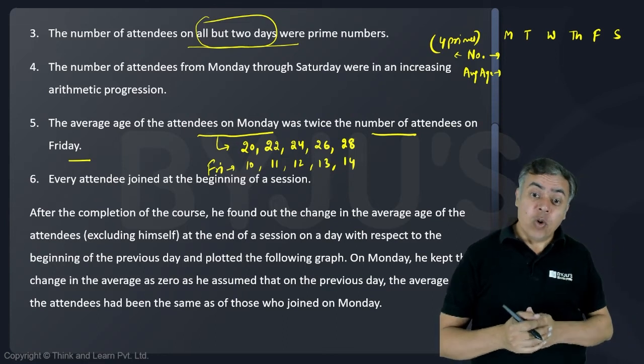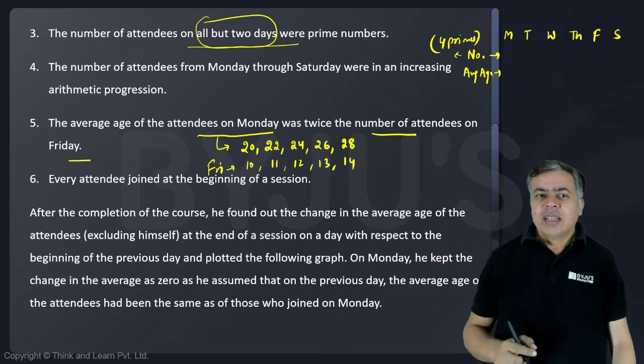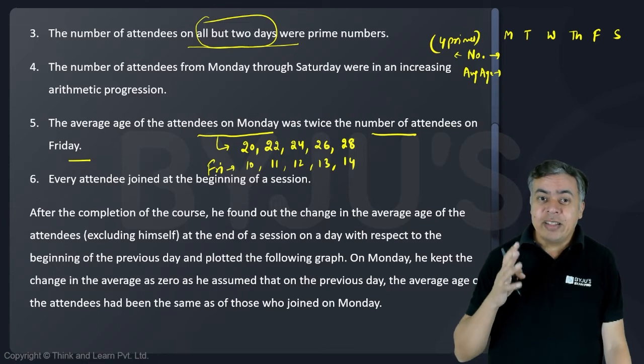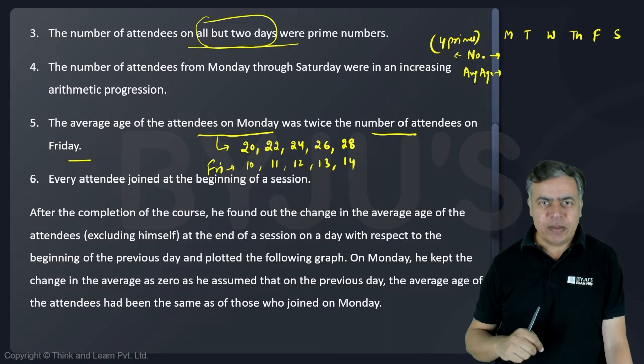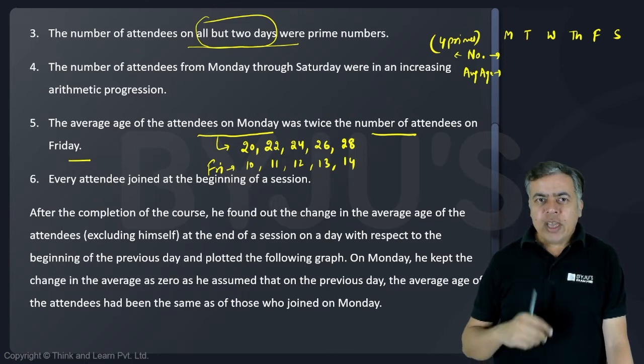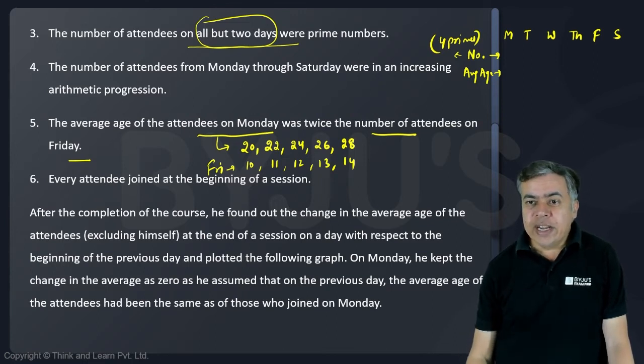Now I need to check something, right? Because I want that there must be 4 prime numbers and the number of attendees must be an AP. So I'm just taking Friday to be 10.